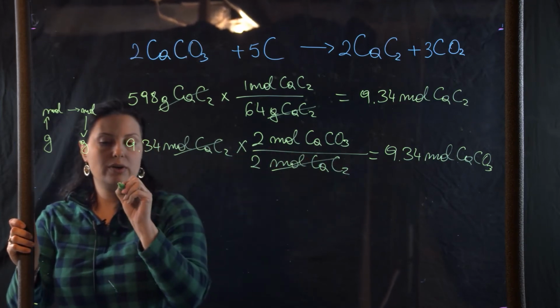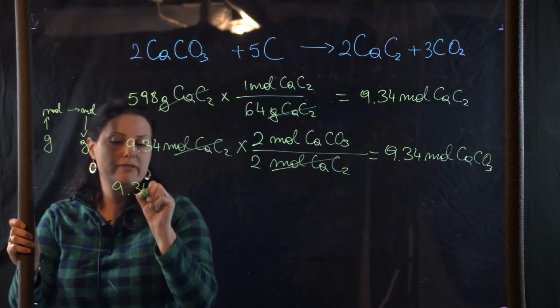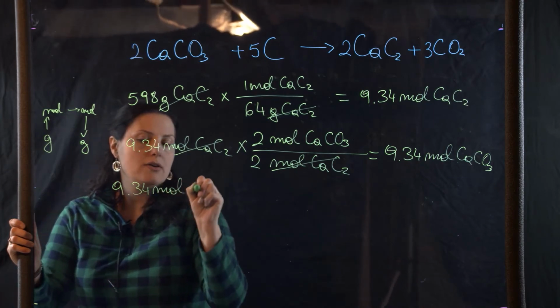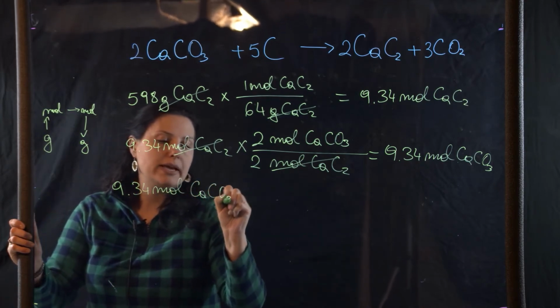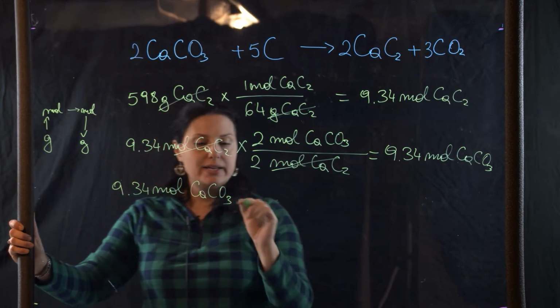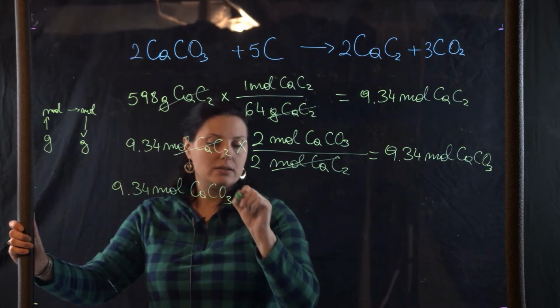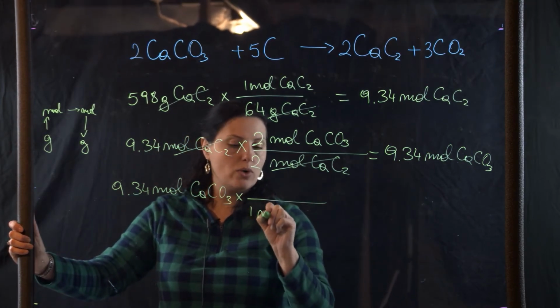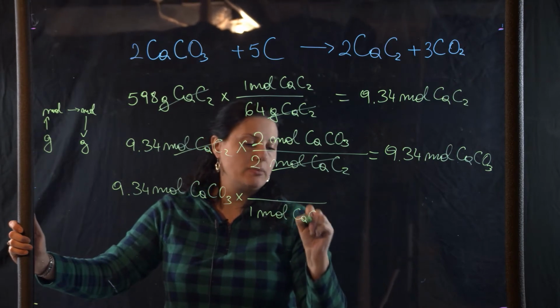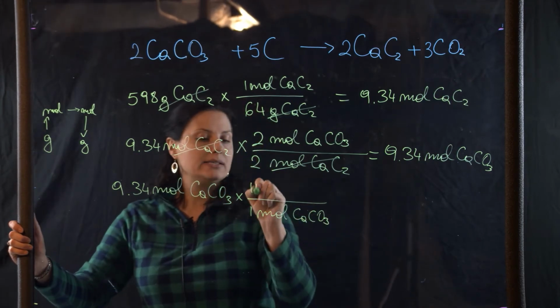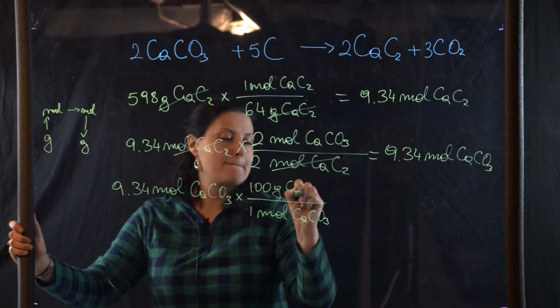Once again, start with the amount you're given, 9.34 moles of calcium carbonate. And now I need to get rid of my moles, so I need to put moles at the bottom. 1 mole of calcium carbonate weighs 100 grams.